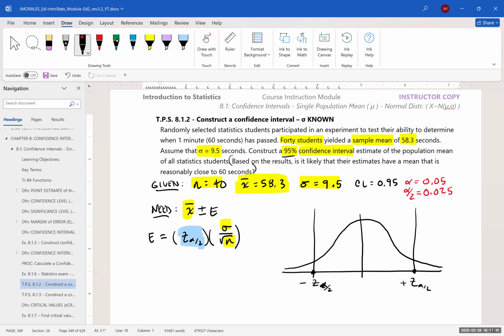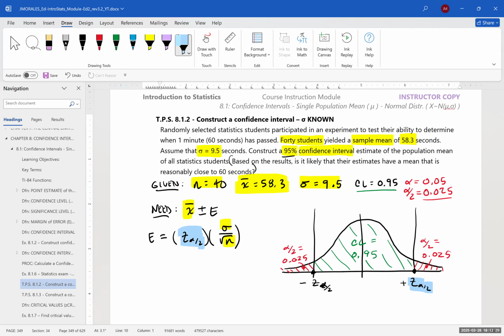All right, we have a confidence level of 0.95, which is this area here. And the area in each of these tails is going to be the significance level divided by 2, which we calculated earlier to be 0.025. That's that area, and that's that area.